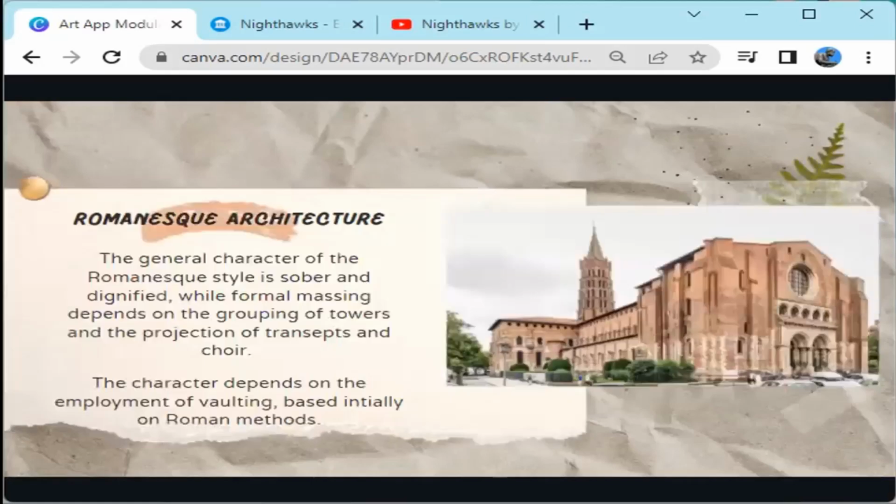So the general character of the Romanesque style is sober and dignified, no? While formal massing depends on the grouping of towers and the projection of transepts and choir. The character depends on the employment of vaulting based initially on Roman methods.